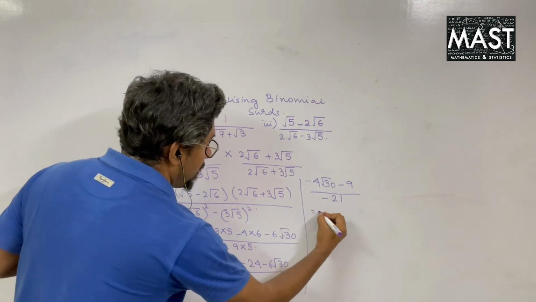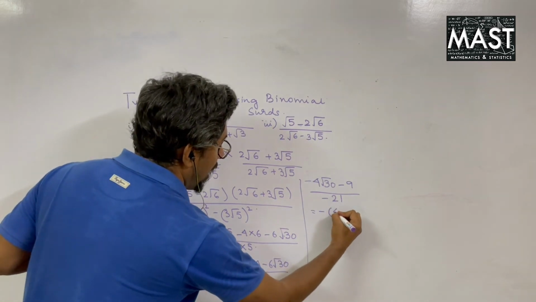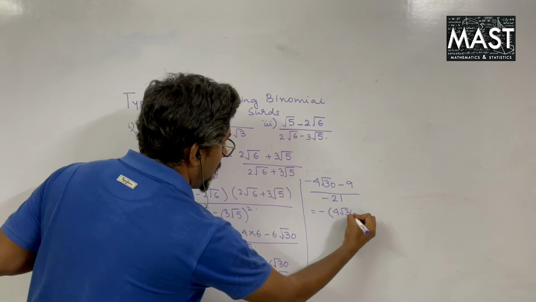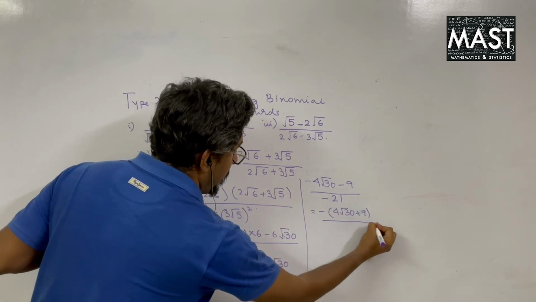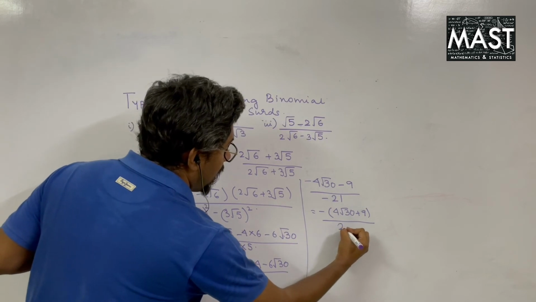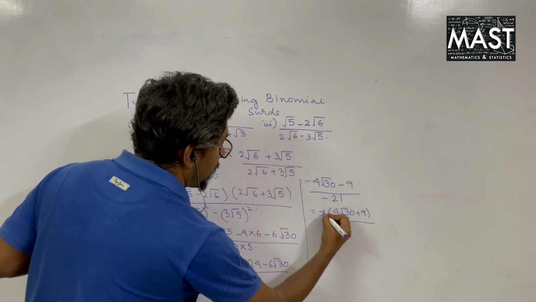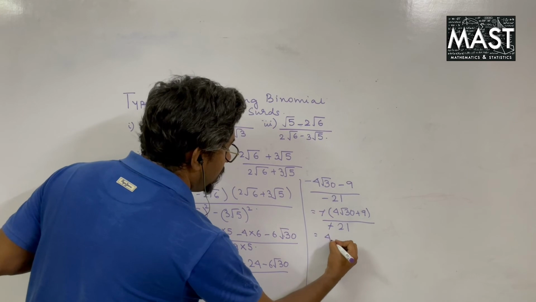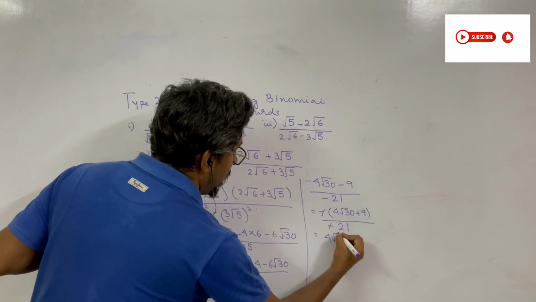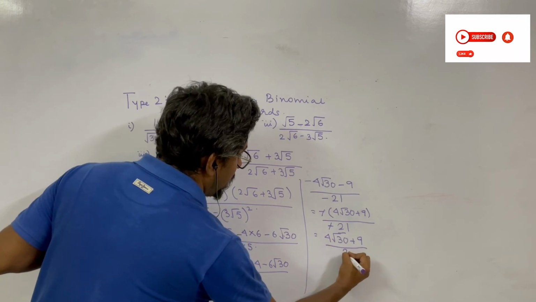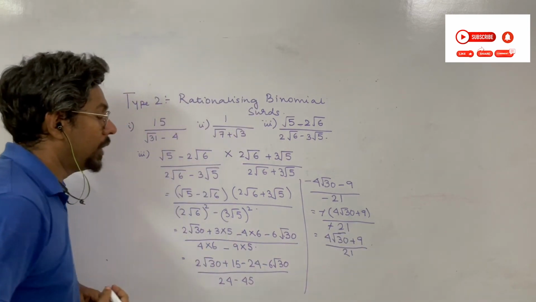So if we take the minus common, we will have 4 root 30 plus 9 by minus 21. So you can cancel the minus signs. So you will be having 4 root 30 plus 9 by 21, which will be the required answer.